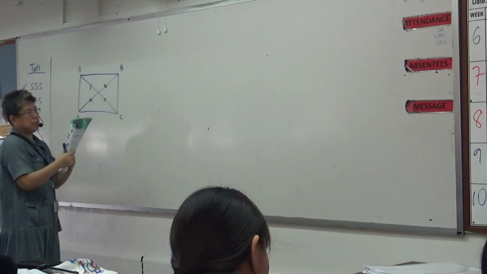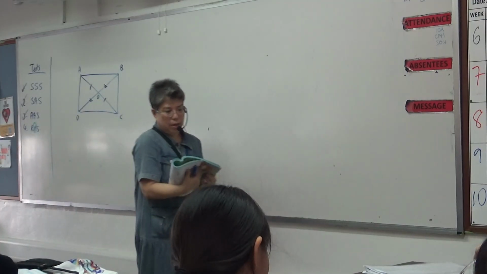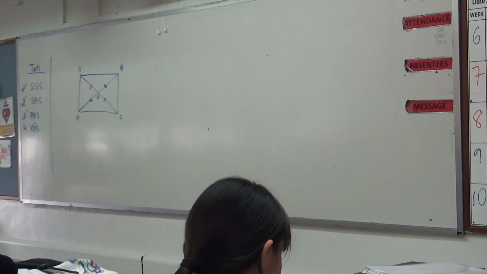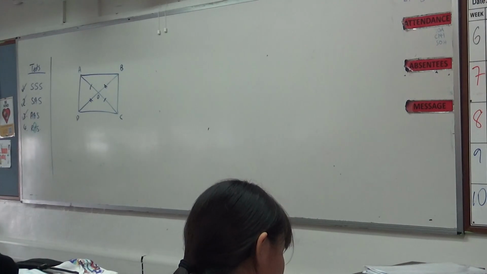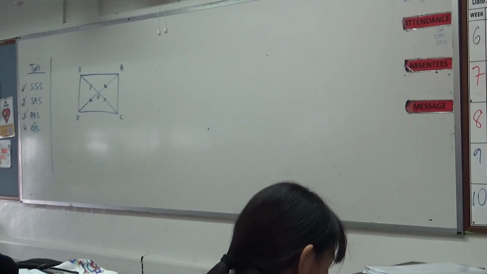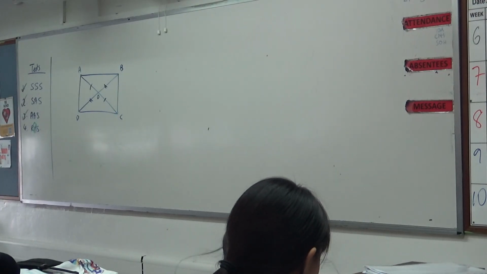Okay, they give you this. This is O, alright? You are told that OA is equal to OC and OB is equal to OD, and AB is 7 cm. Prove that triangle AOB is congruent to triangle COD.